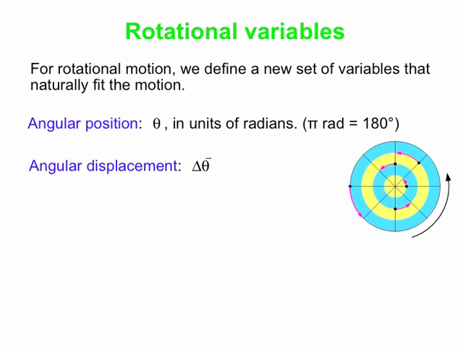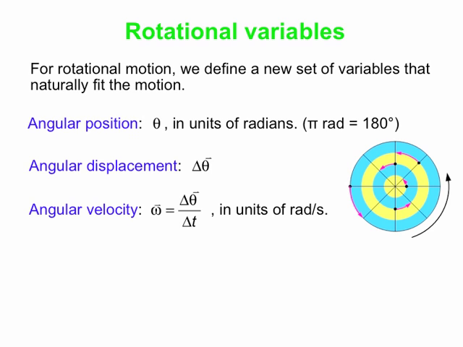Then we could talk about angular displacement. We said we have x's measuring positions, we have delta x's measuring displacements, so we have angular displacement, which is about 45 degrees in the picture. Then we have angular velocity.